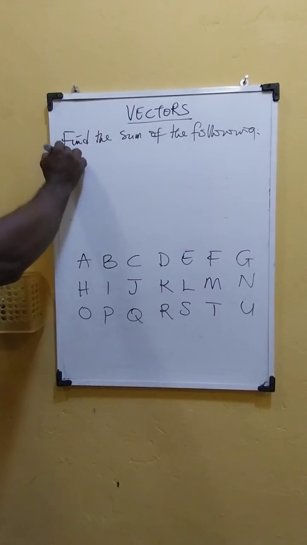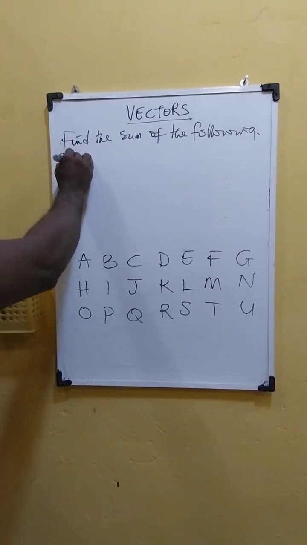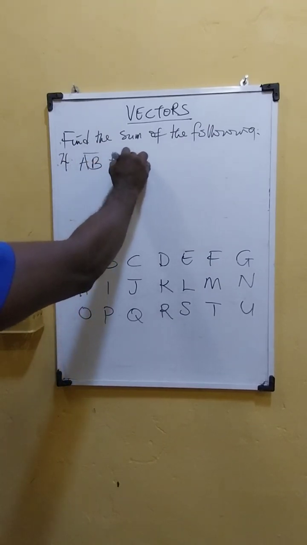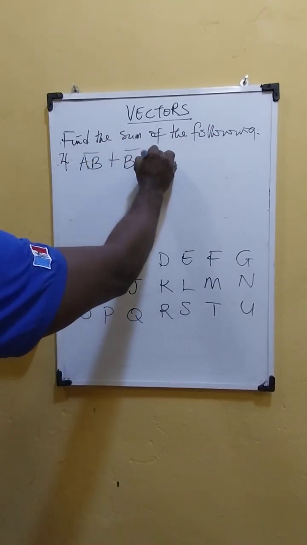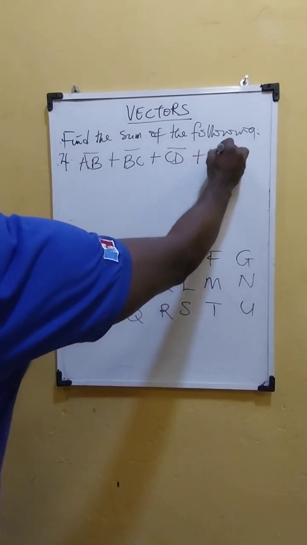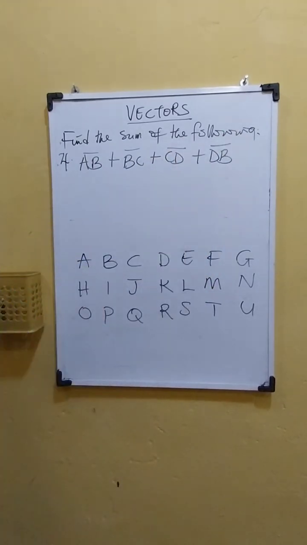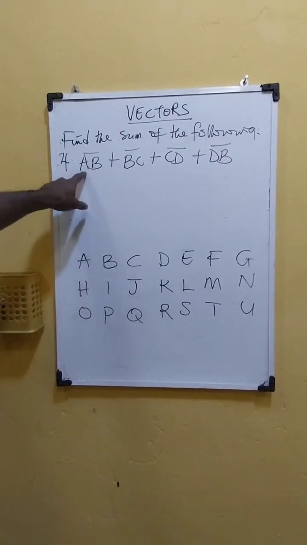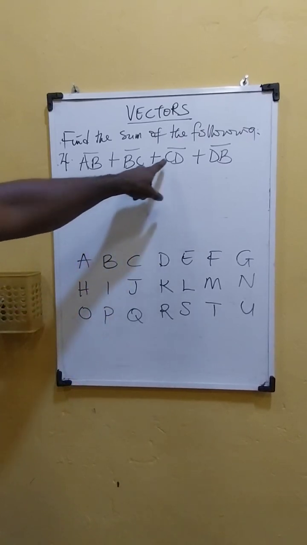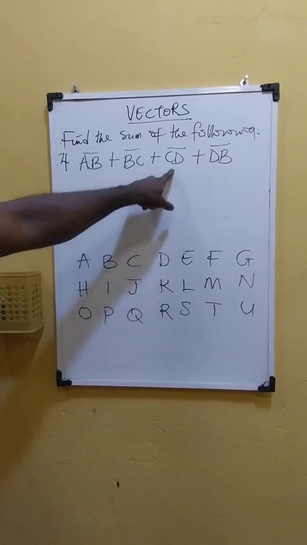Let's go to number 4. The fourth one is AB plus BC plus CD plus DB. So we follow the same principle. Let's look at it. We have AB, this is good to go. Then we have BC, this is good to go. CD, this is good to go.